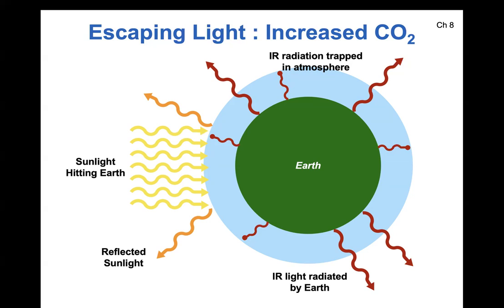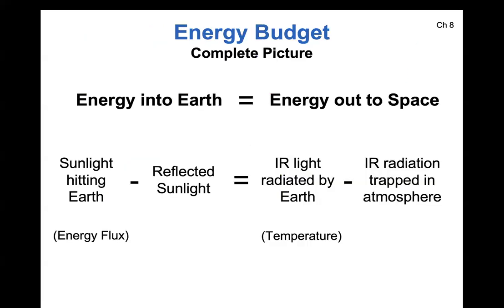And the way they do that just comes down to their particular structure and the way they interact with light, essentially the way they vibrate. So now we'll have all four terms in our energy budget, the complete picture. Energy in has to equal energy out. That has never changed. That's always remained true.